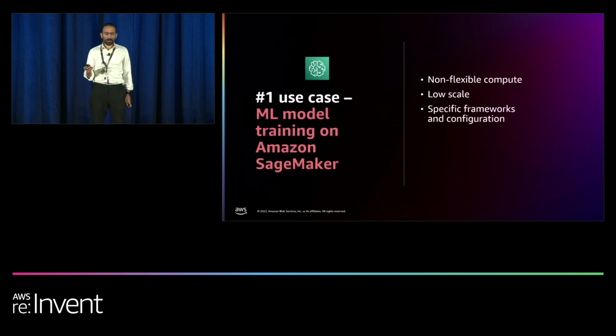Let's start with the heart of our development pipeline, the machine learning model training. Training sophisticated machine learning models, such as a vehicle detection model, requires very specific and specialized hardware and software infrastructure.